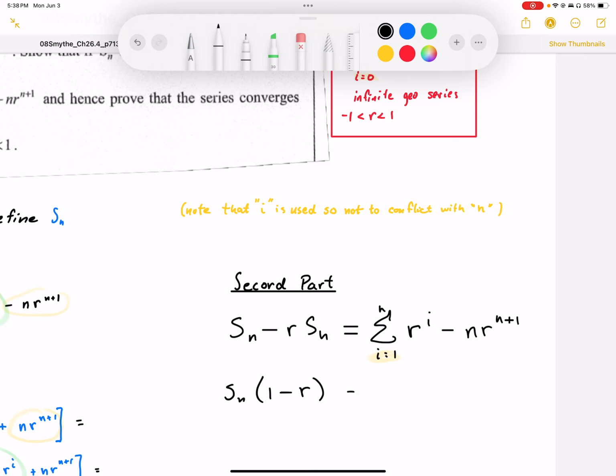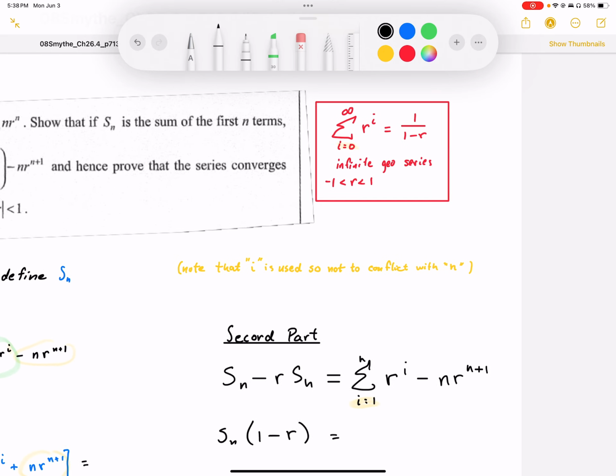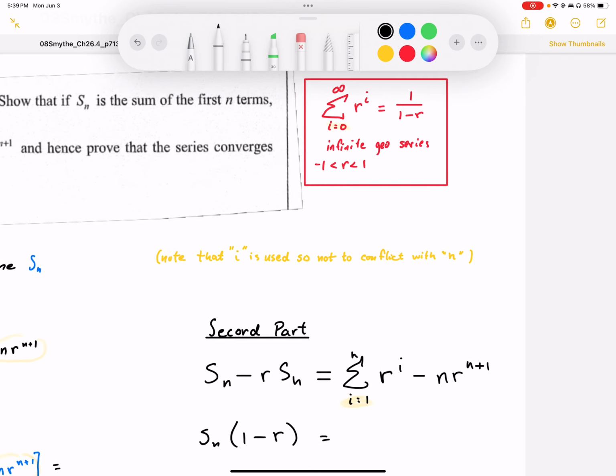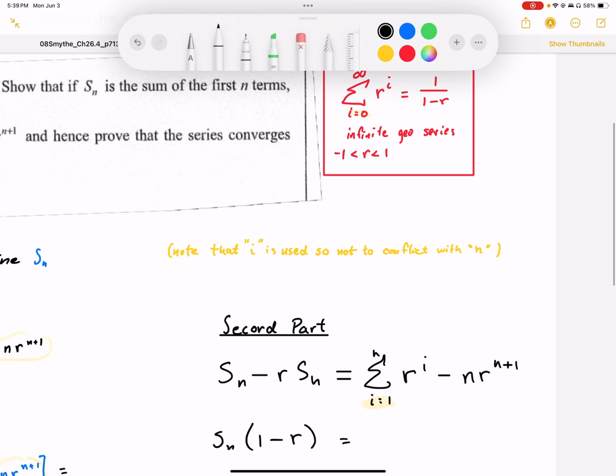Now we're going to take a limit on this because we need to find S infinity. The sum from I equals 1 to n of R to the power I looks almost exactly the same as our infinite geometric series, except we start at 0. So we're going to match this up and start it at 0 instead of 1.